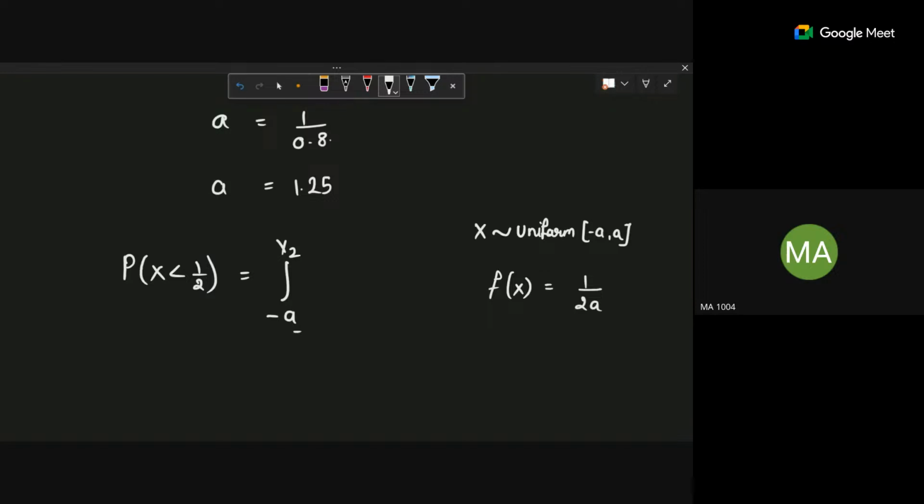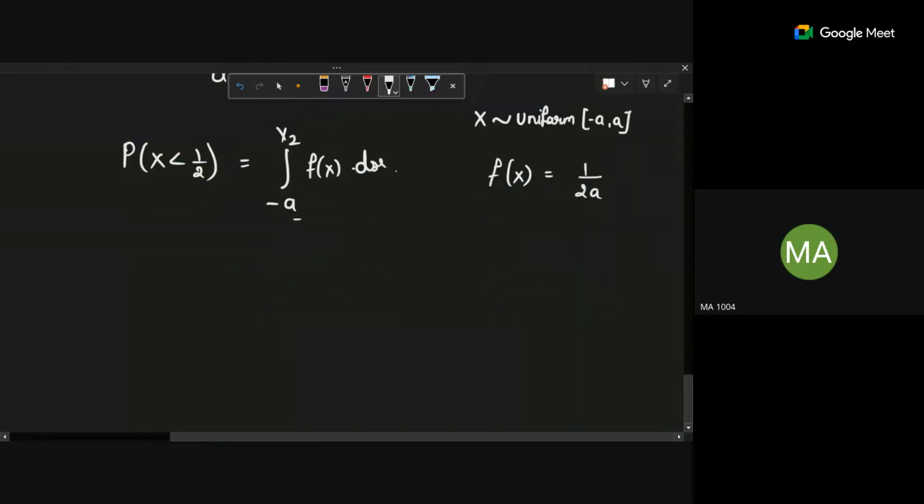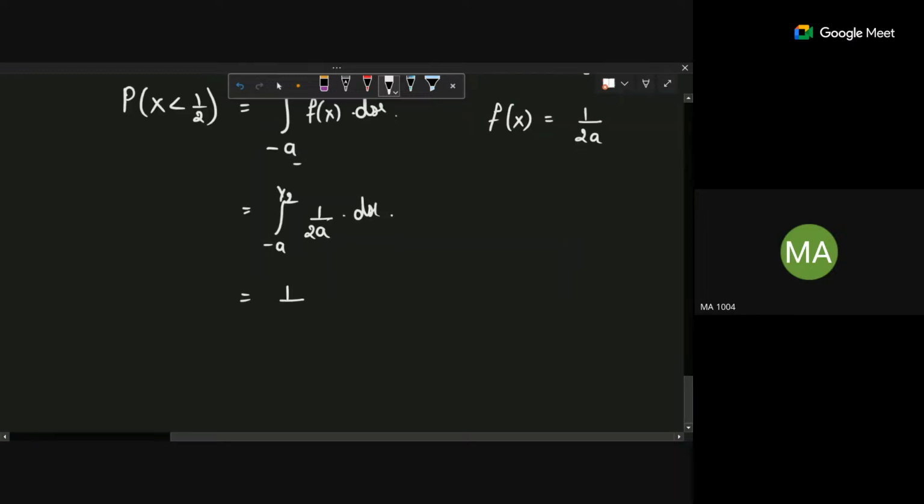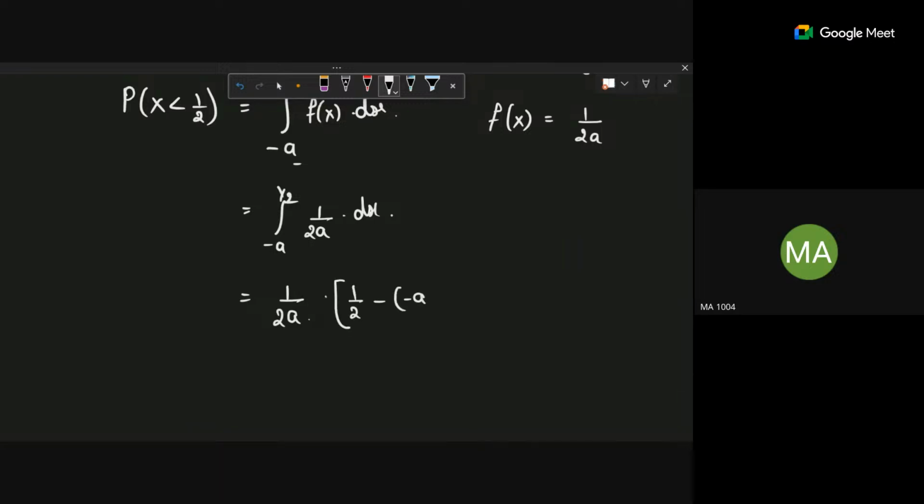Okay, so the PDF is f of x, dx, and now just integrate it from minus a to 1 by 2. This is equal to 1 by 2a, a constant, times (1 by 2 minus of minus a).